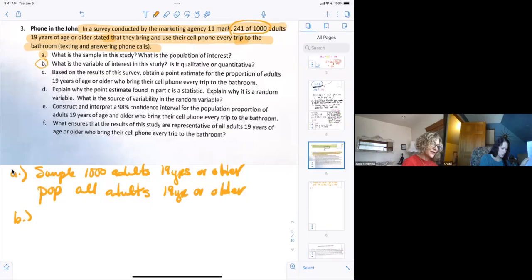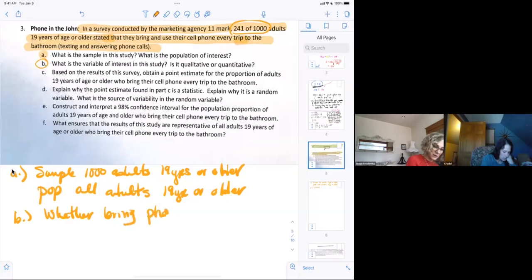What is the variable of interest in the study? Is it qualitative or quantitative? So what is the variable of interest? What are they actually measuring? Qualitative, because it's a yes or a no. Yes, correct. Whether they bring the phone in the bathroom to talk and text.